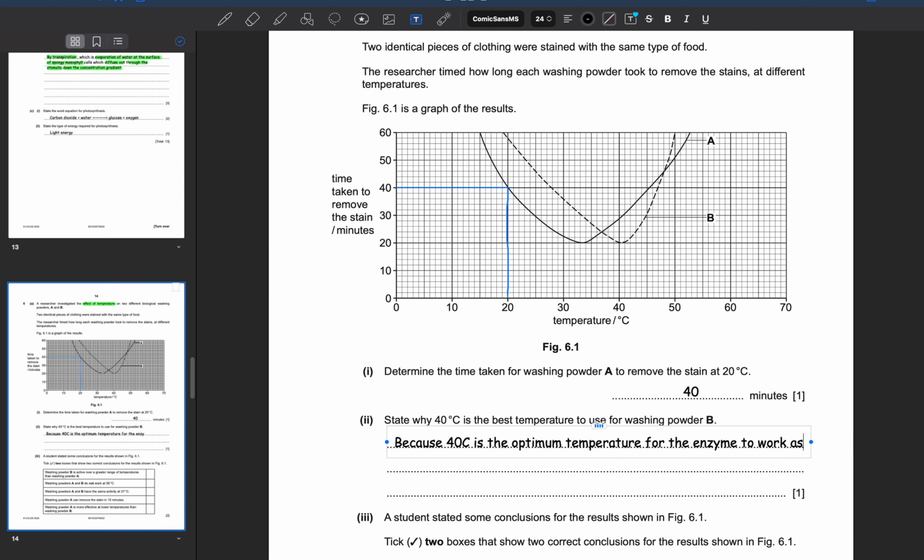Okay, I can add as it took the shortest time to remove the stain.